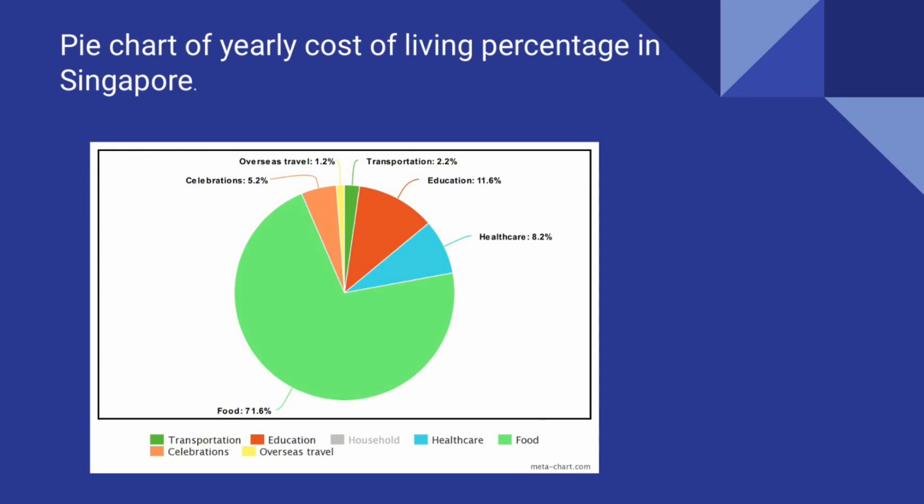Yellow portion representing overseas travel, which takes up 1.2%. Dark green portion representing transportation, which takes up 2.2%. Red portion representing education, which takes up 11.6%. Blue portion representing healthcare, which takes up 8.2%.